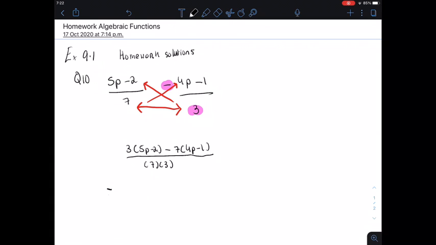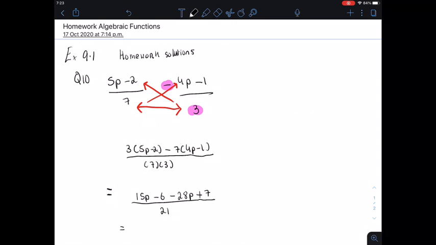And from here, we're just going to expand our brackets. So this gives us 7 times 3, which is 21, on the bottom. And then expanding the brackets on the top gives us 15p minus 6. Minus 7 times 4p gives me minus 28p. Minus 7 times minus 1 gives me plus 7.